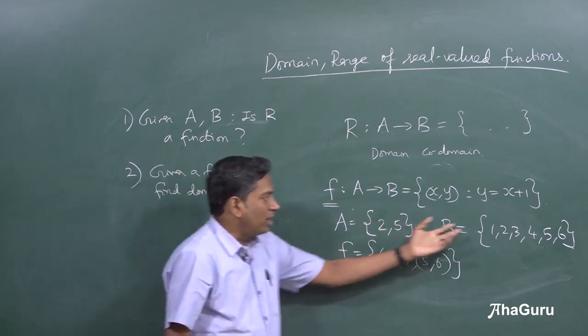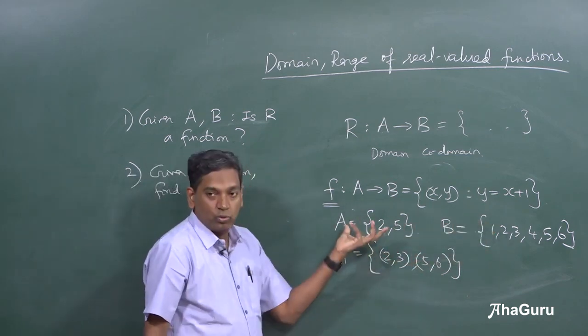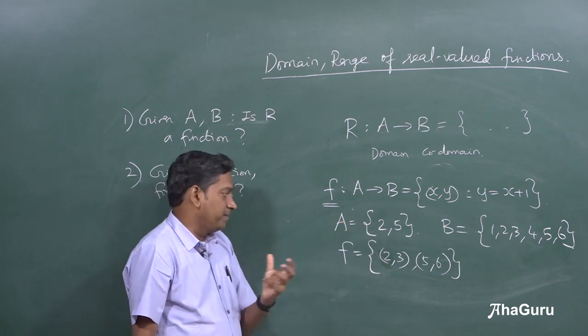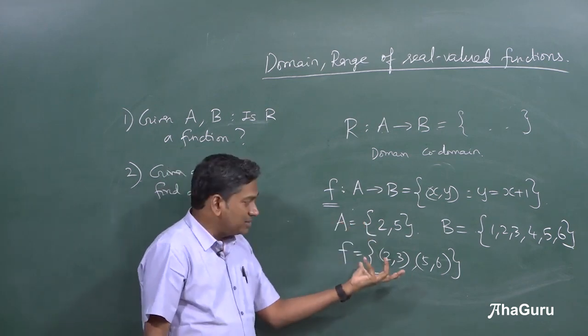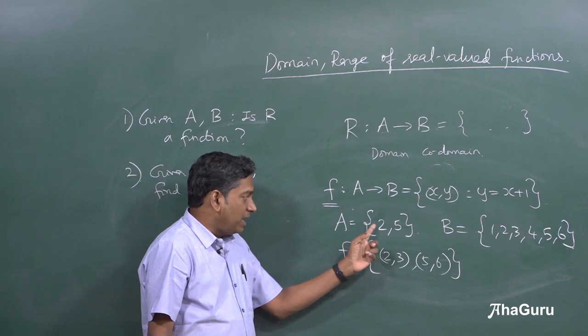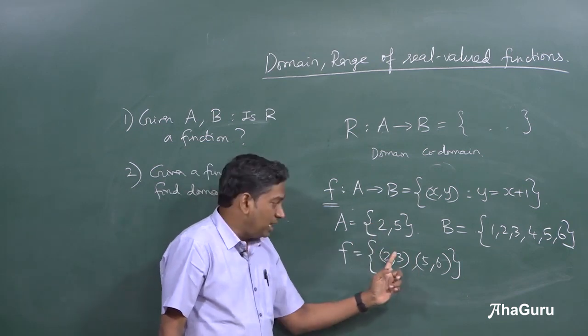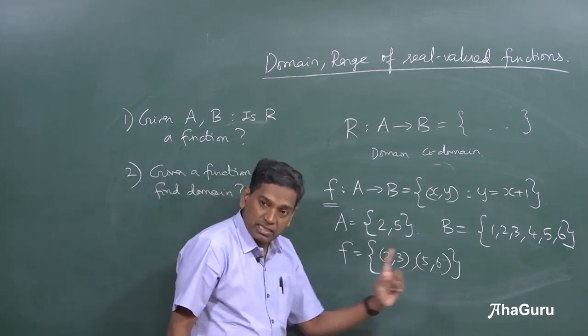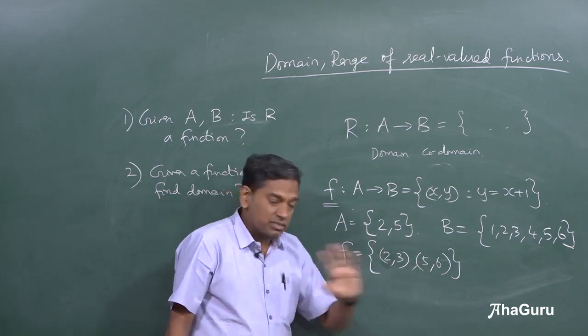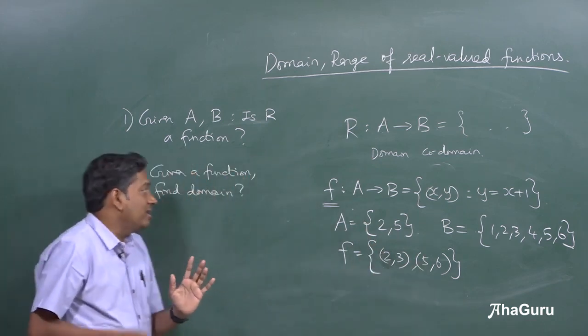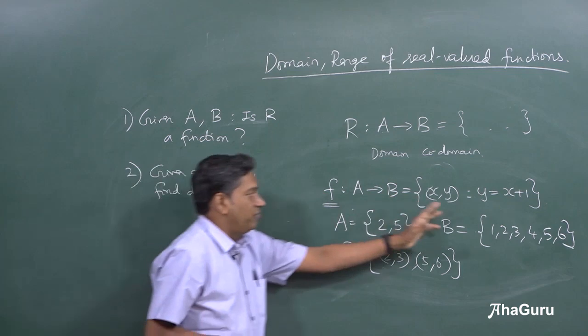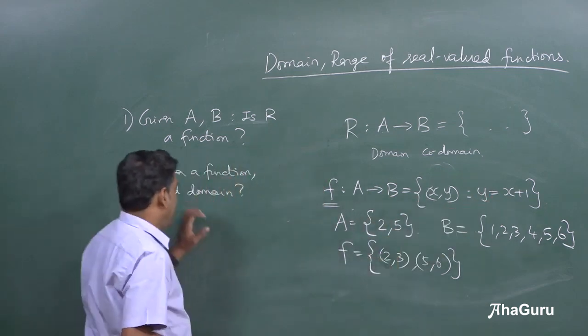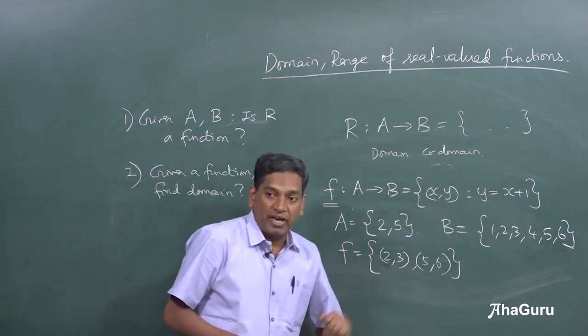No other element will be there because 2 and 5 are the only elements in A. Is this a function? It satisfies both conditions: every element has an image, 2 has the image 3, 5 has the image 6, and every element has only one image. So could we say that the answer to this question is 2 comma 5?